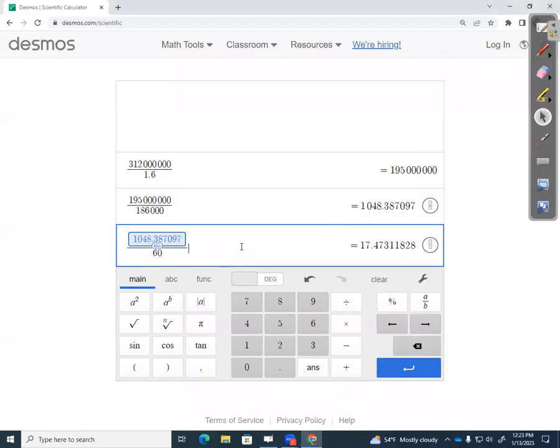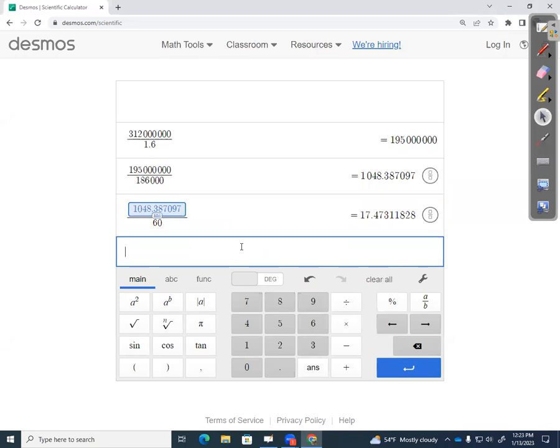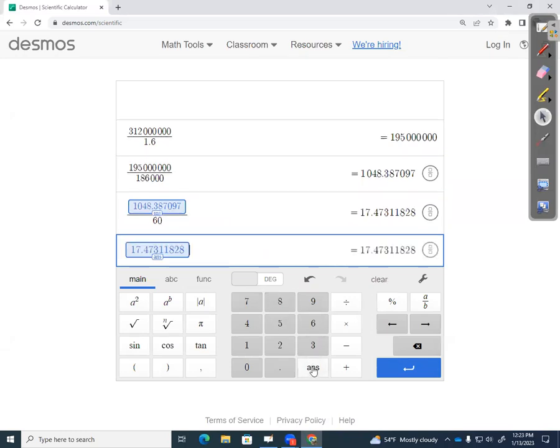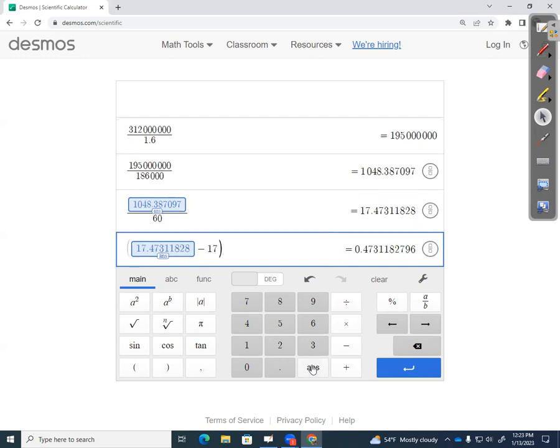One way to do that here would be, I've got two options. I'm just going to go to a new line, take that previous answer. I don't need the 17 anymore, so I'm going to take that away. I'm going to put a parentheses around it and then multiply by 60. So that isolates the decimal and says, hey, that's around 28 seconds. Cool. So that's a fun calculator trick there.